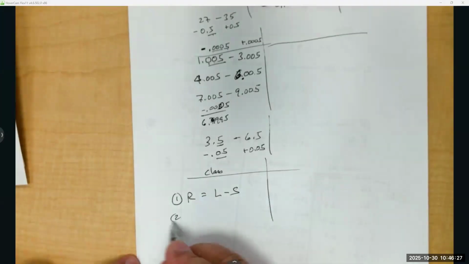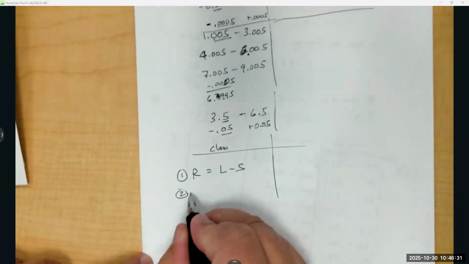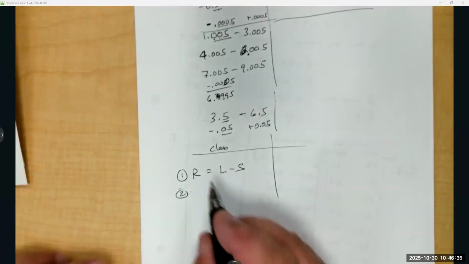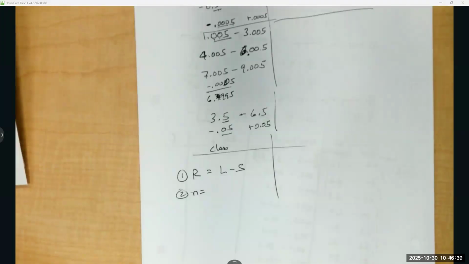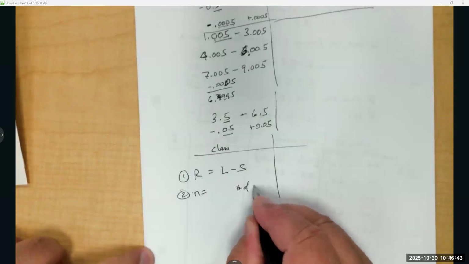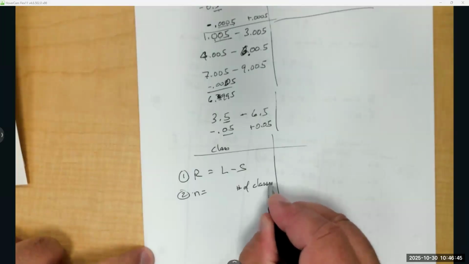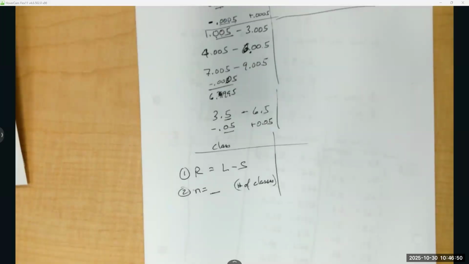Then what? You have to decide what is your n. How many classes do you want? This is the number of classes. You have to decide this number. Because if we just took that last example and let everybody pick their own n, we'd have different answers.